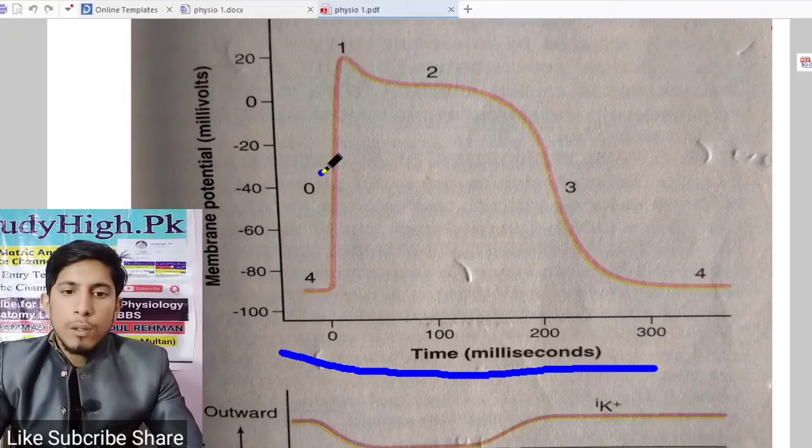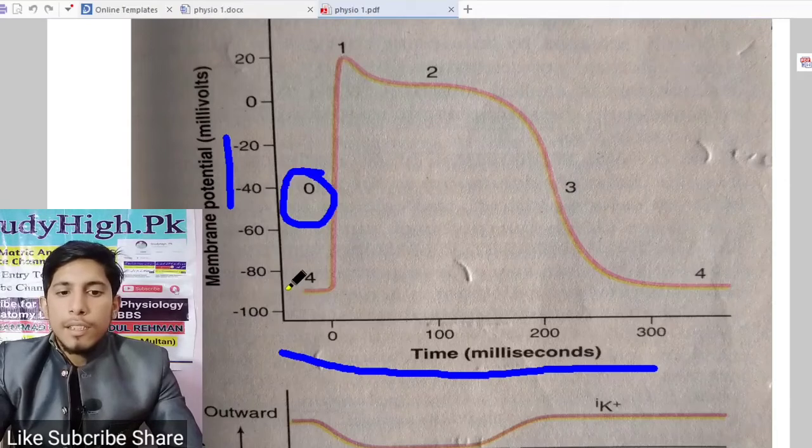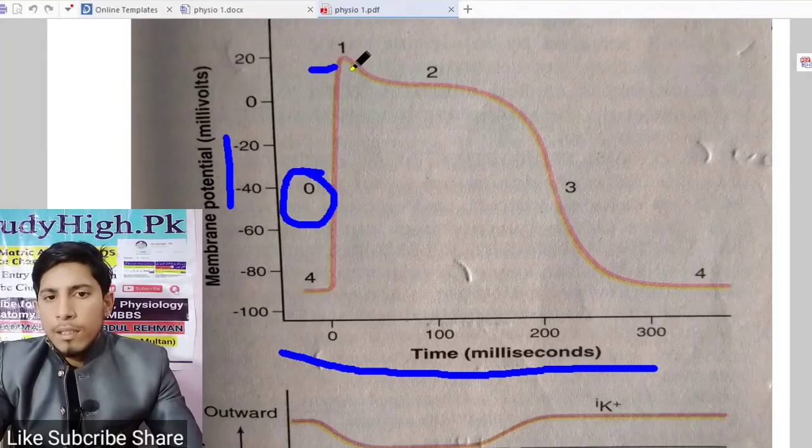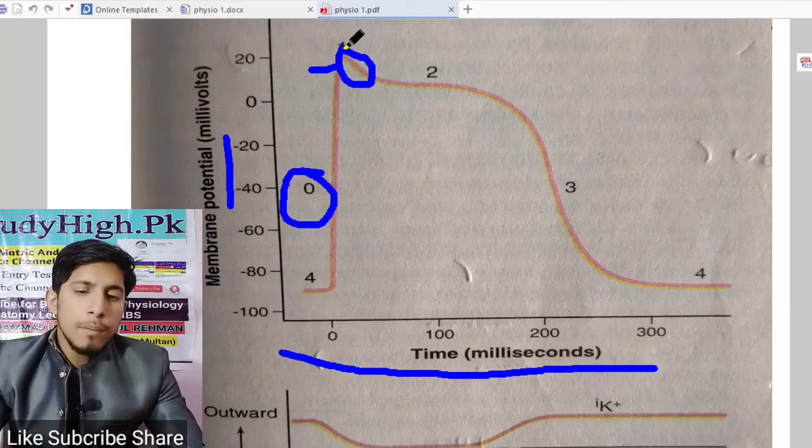The diagram shows the different steps occurring in cardiac muscles. First, phase 0, rapid depolarization because of sodium channels, where the membrane potential increases from minus 85 to plus 20 millivolts. Then the initial repolarization, phase 1, because of the opening of rapid potassium channels.